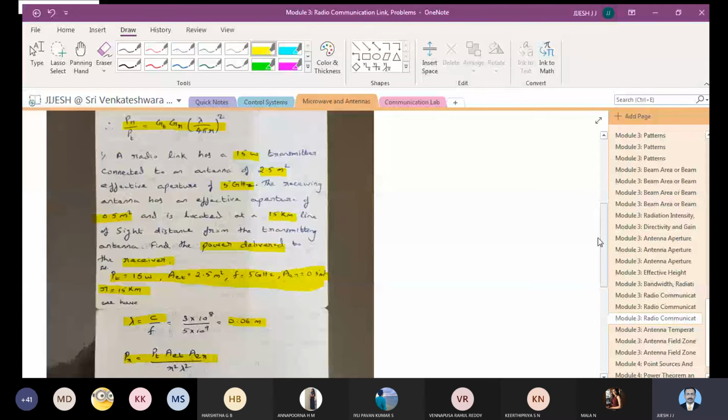Let me know. Yes, completed. You just have to substitute PT, AER, AET, and R square and lambda square. Substitute all these values. First find lambda so that you can substitute it as well. 0.06 meter.